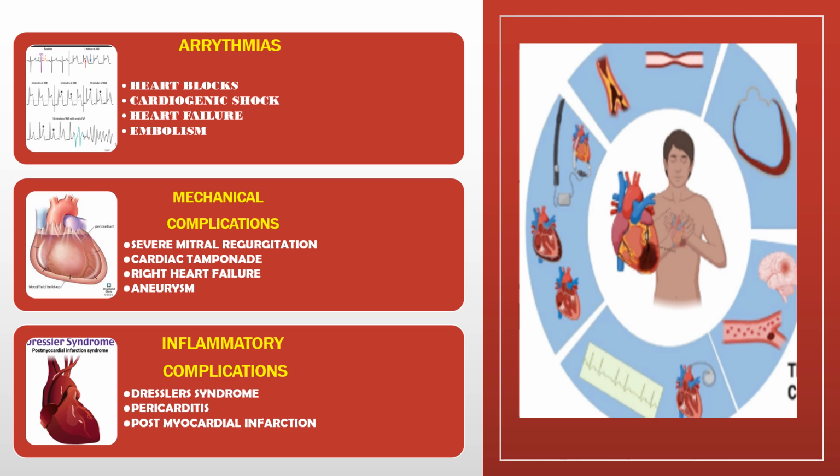Because of the injury to the pericardium, he will present with almost the same symptoms as pericarditis, like fever, pleuritic pain, pericardial effusion, and so on. So it is basically inflammation of the sac surrounding your heart, similar to pericarditis, but mostly with your MI. So pericarditis and post-myocardial infarction.